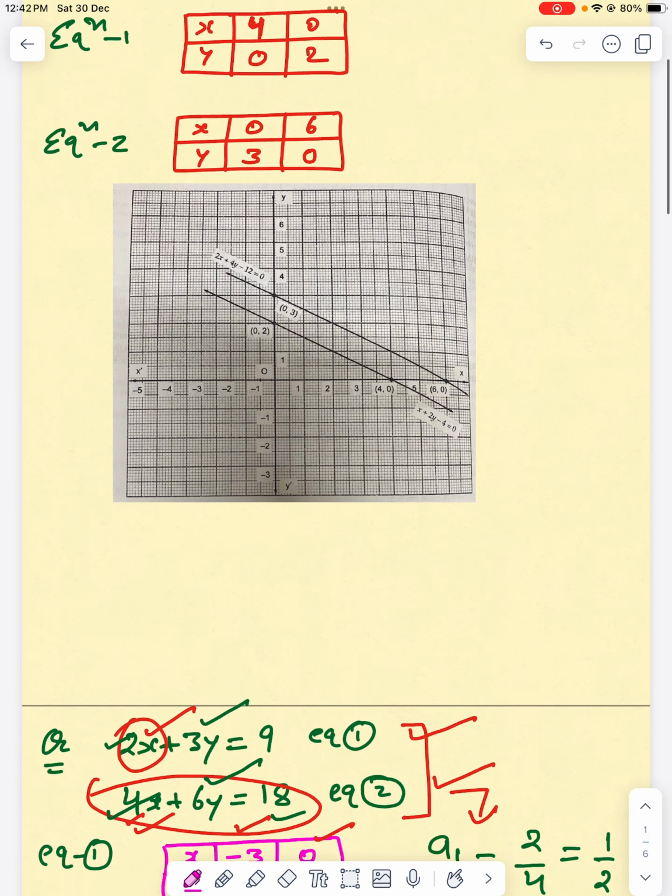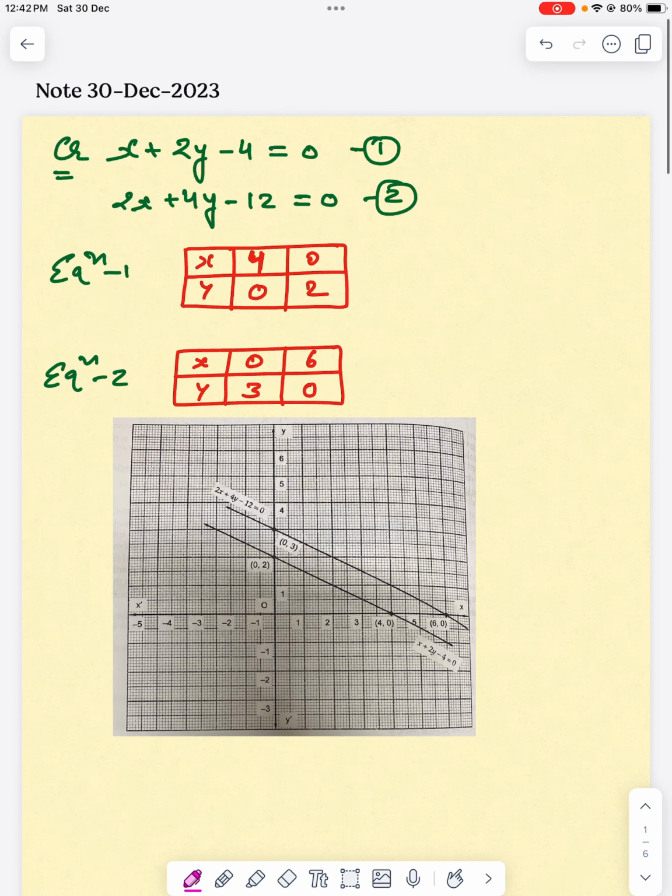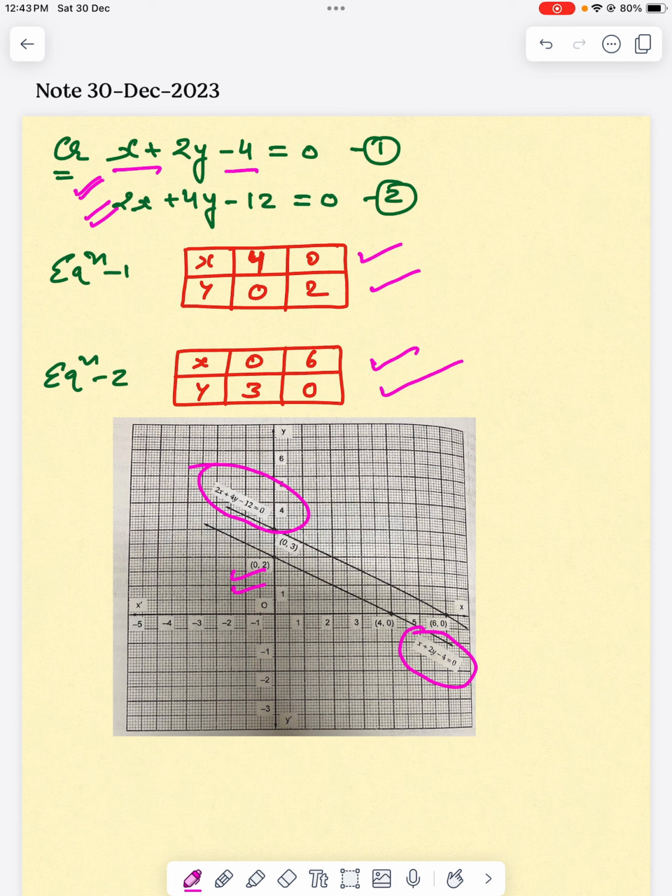Okay, so now the third kind of question is, see here, you can plot your graph, and by assuming any value of x and y, you will get the graph of equation 1. That is, equation 1 is x plus 2y minus 4 is equal to 0. This is the graph. And what about the graph for equation second, that is 2x plus 4y minus 12? It is like this.